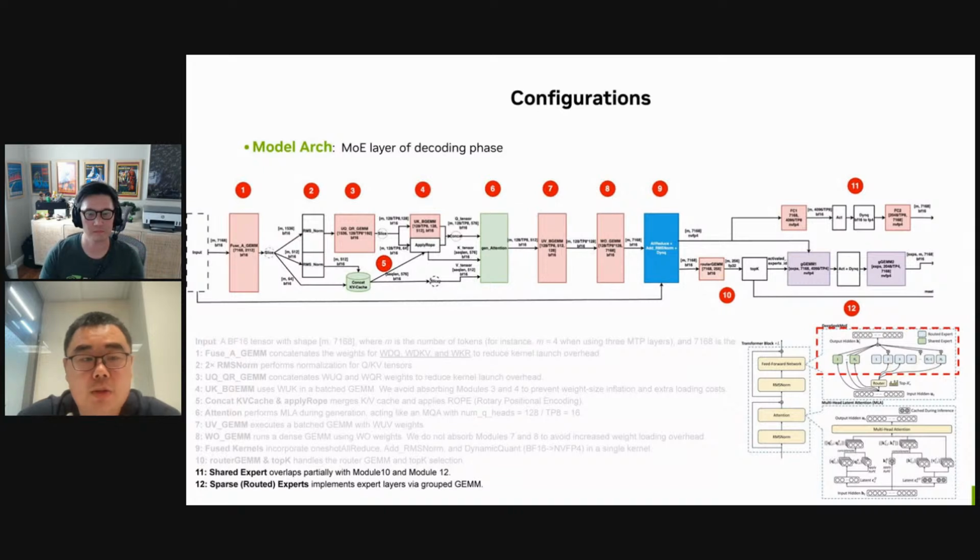For sparse experts, we have introduced a group GEMM or batch GEMM in our implementation. This represents lots of experts, and for each expert, we dispatch the corresponding tokens calculated by the top-k module.